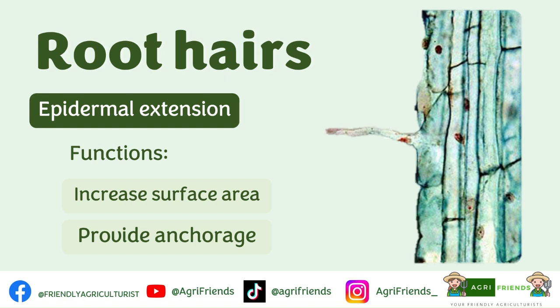In fact, most of the absorption of water and minerals happens in the root hairs. They are delicate and only survive for several days, but as the root grows, new root hairs are formed. Aside from increasing the surface area, they also help in anchoring the plant to the soil.